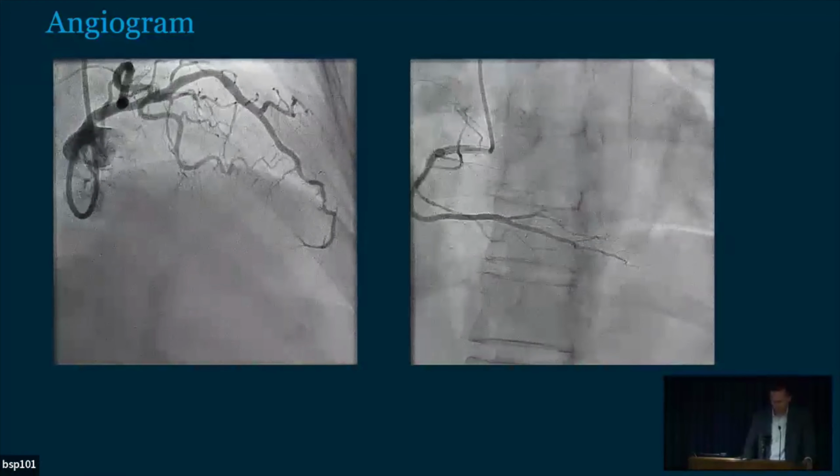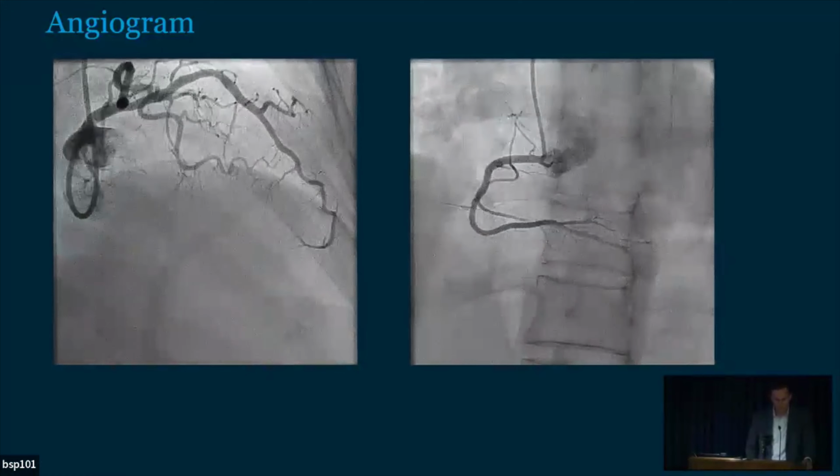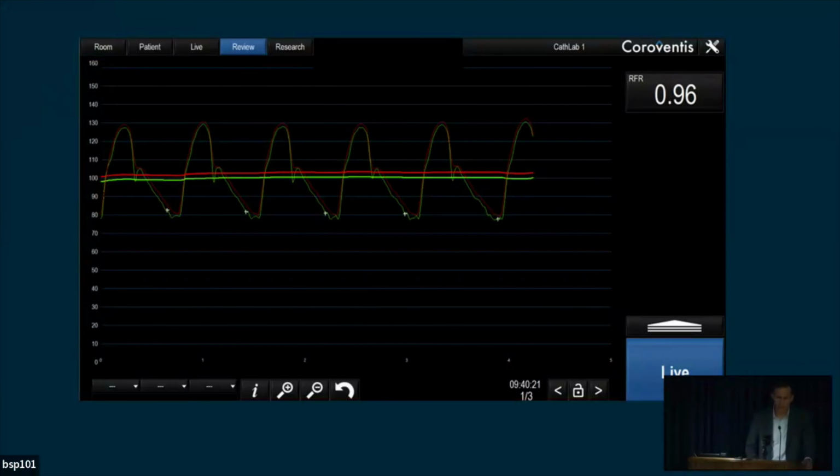However, the interventionalist was also so convinced by the patient's symptoms, and he wanted to ensure that the LAD was free of disease. He spent the time, put a pressure wire down, and did non-hyperemic indices, also known as iFR, or you might have heard of FFR, where we measure flow down the big epicardial vessel, and that was 0.96.